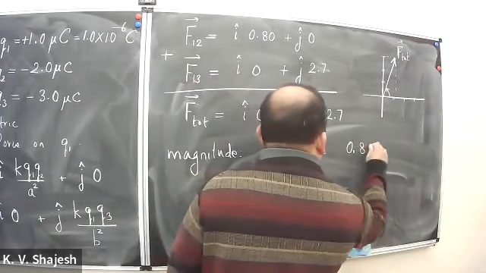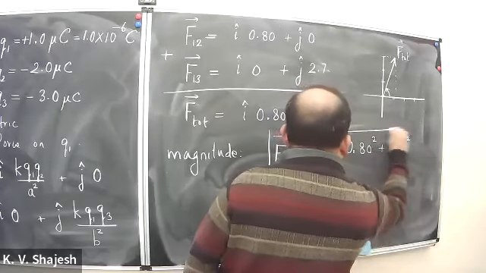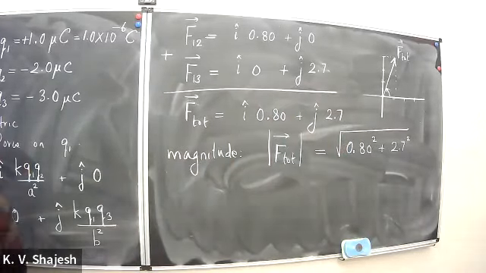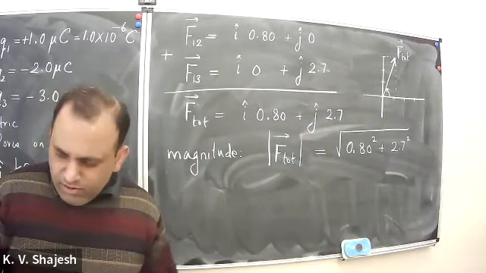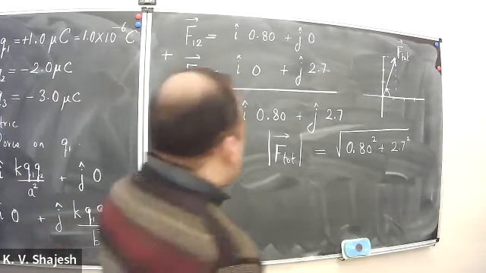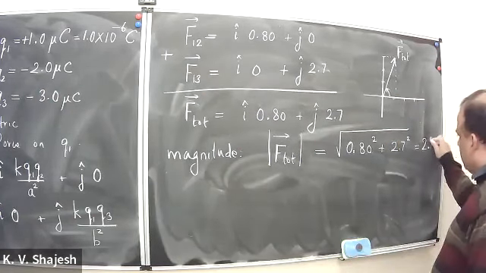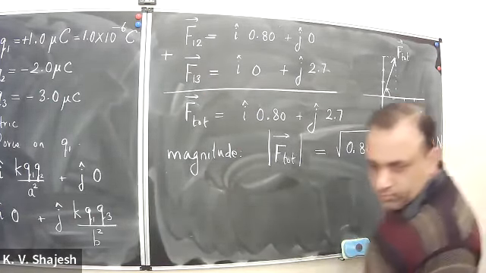So that's 0.80 squared plus 2.7 squared. You must have done this sufficiently when adding forces in the first semester part of this. So this is equal to 2.7 squared plus 0.8 squared. Then take a square root of that. And that comes out to 2.8 newtons.